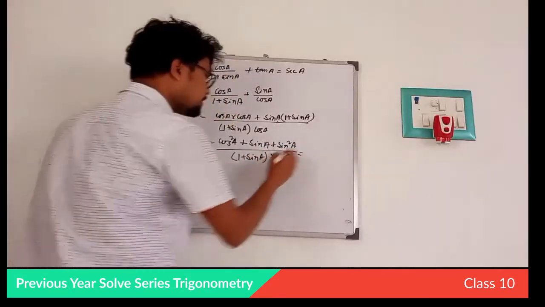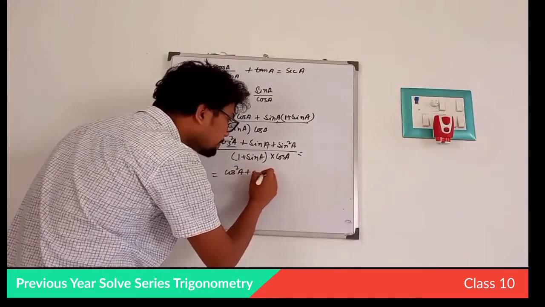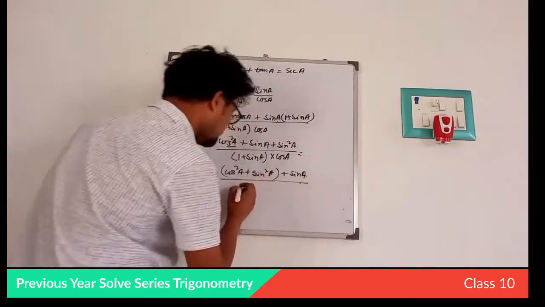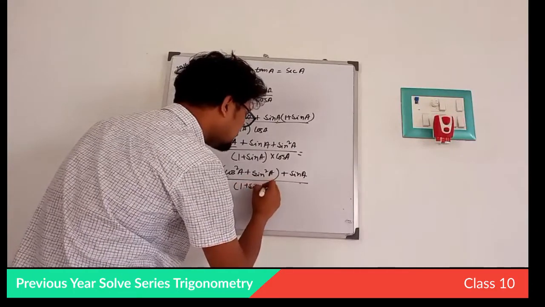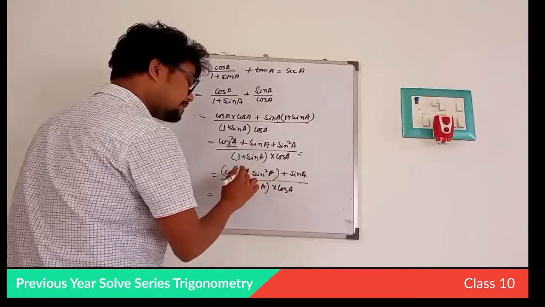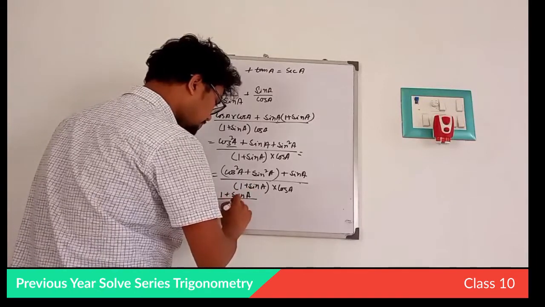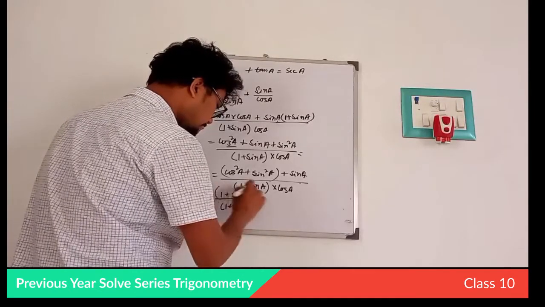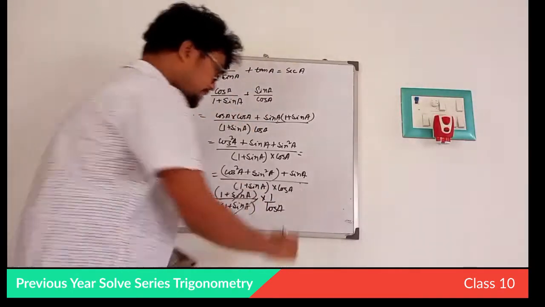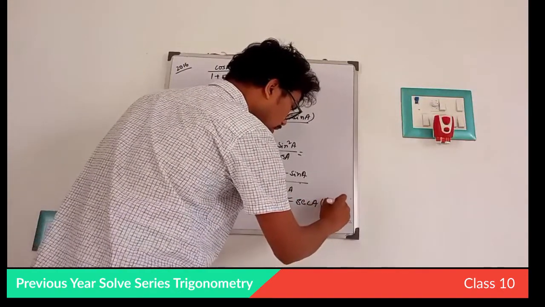Now cos square A plus sin square A plus sin A by 1 plus sin A into cos A. Now sin square A plus cos square A equals 1, so 1 plus sin A by 1 plus sin A into 1 by cos A. Now 1 plus sin A cancels, and 1 by cos A equals sec A. Proved.